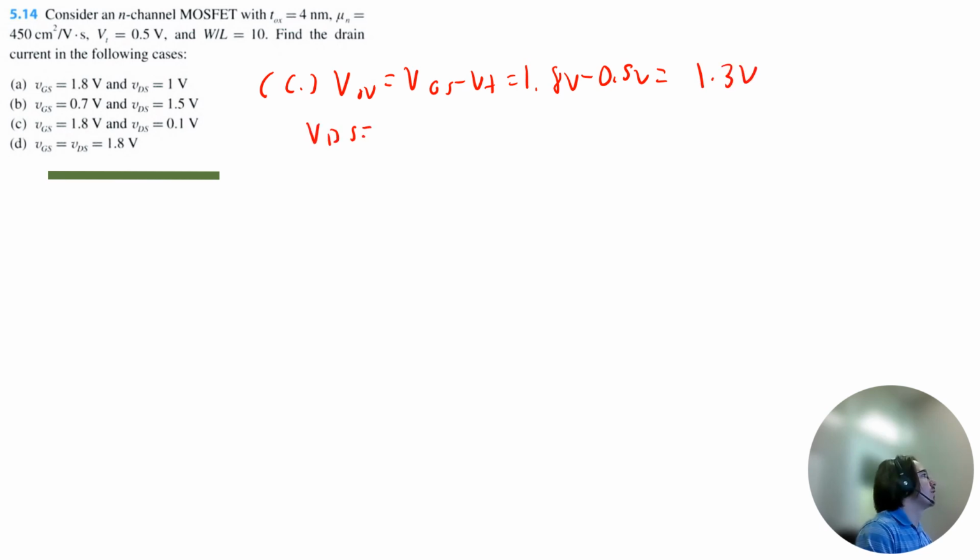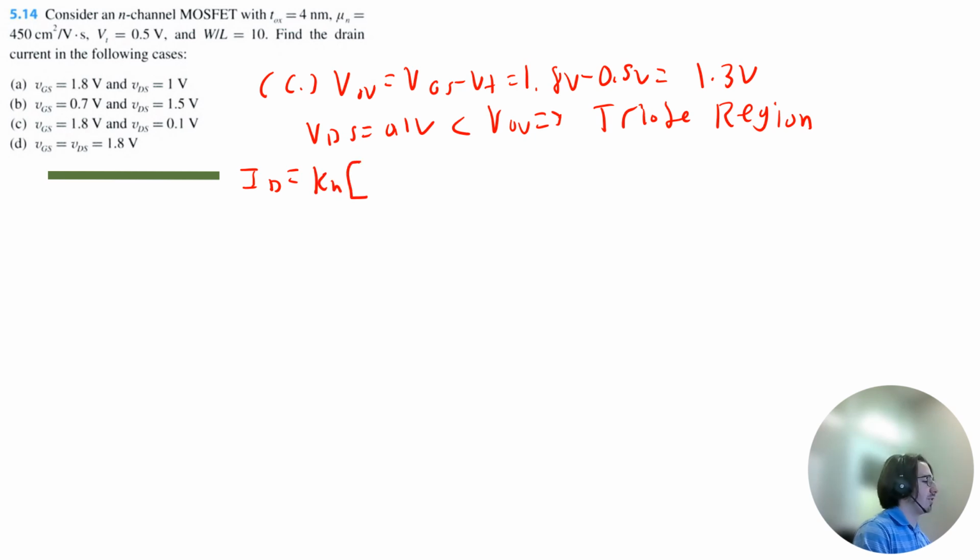And V_DS is equal to 0.1 volts, which is less than the overdrive, so this has to be the triode region. I can calculate my drain current as K_n times the voltage from drain to source times V overdrive minus 1/2 times the voltage from drain to source squared.